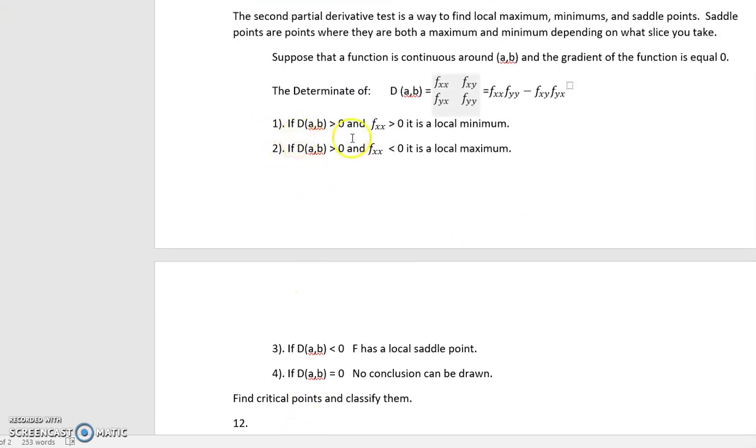There's only 3 of them, or 4 of them. The 4th one doesn't really count in my opinion, but they're not that hard to remember. If the determinant is greater than 0 and f_xx is greater than 0, it's a minimum. If the determinant is greater than 0 but f_xx is less than 0, then it's a maximum. And if the determinant is less than 0, then it's a saddle point.